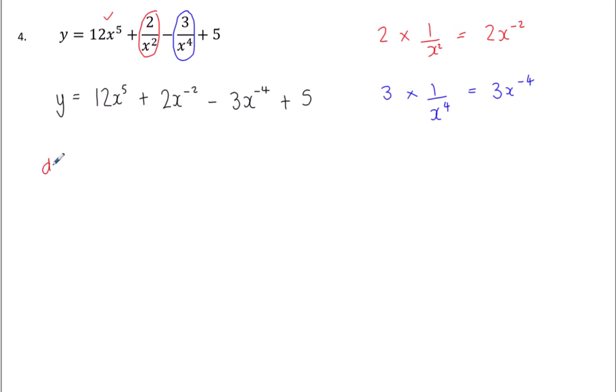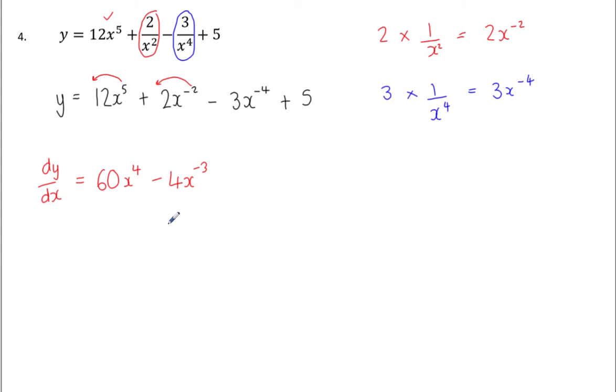Okay, so dy by dx this time. Okay, power comes down and multiplies. 12 times 5 is 60. And it goes to x to the power 4 from x to the power 5. Right, then the minus 2 comes down and multiplies. So that changes our sign to a minus, and we go to 4. We were on a minus 2 already, we dropped by 1, so now we're on minus 3.